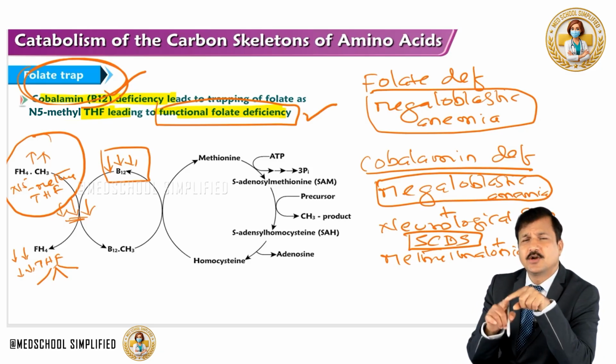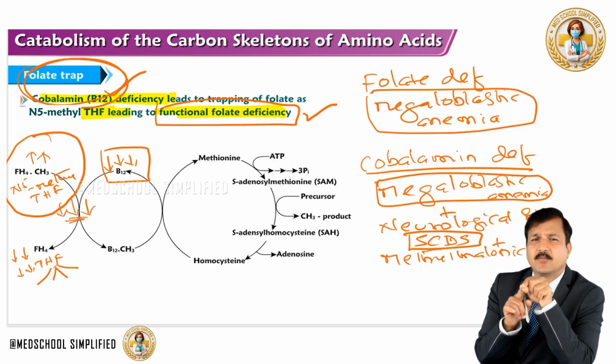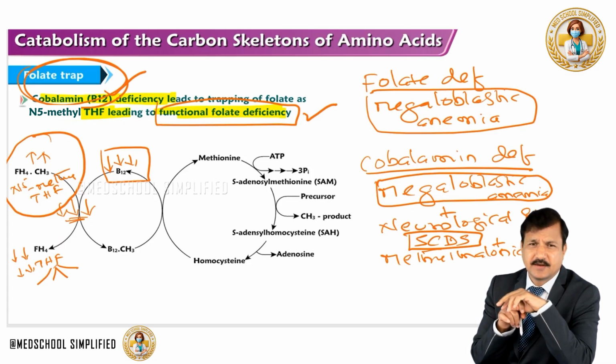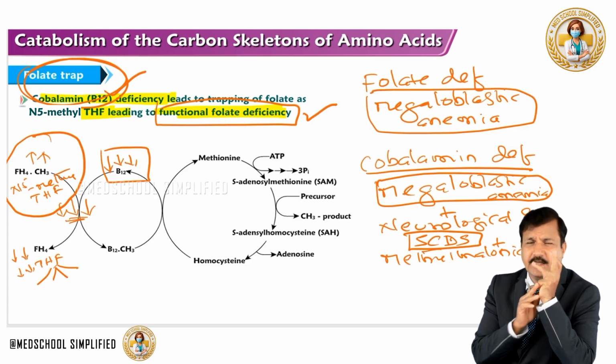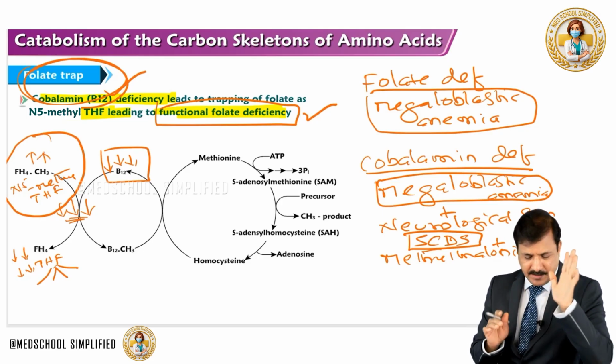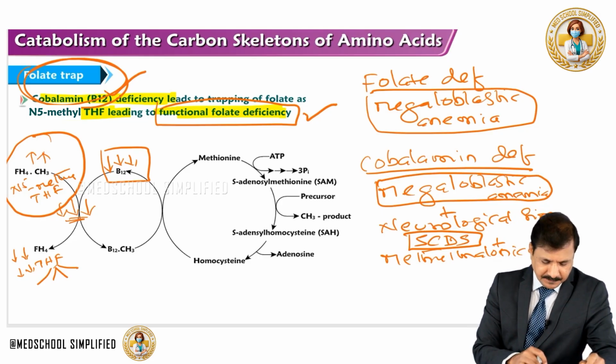That's why neural tube defects can be seen both in folic acid deficiency and also in cobalamin deficiency. Remember that. So cobalamin and folic acid deficiency can lead to infertility, frequent miscarriages, and neural tube defect in the developing fetus. Remember the concept, it is very important.